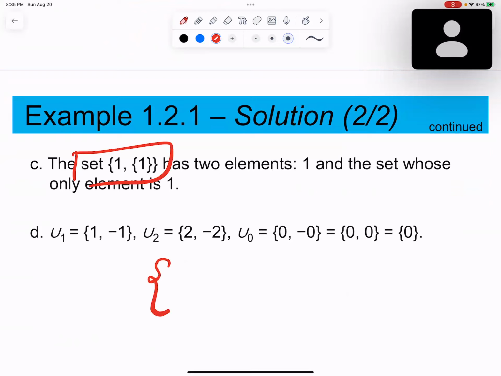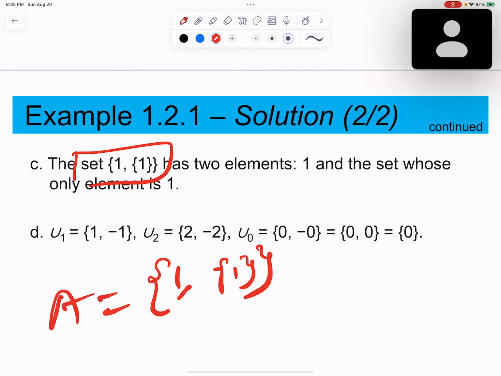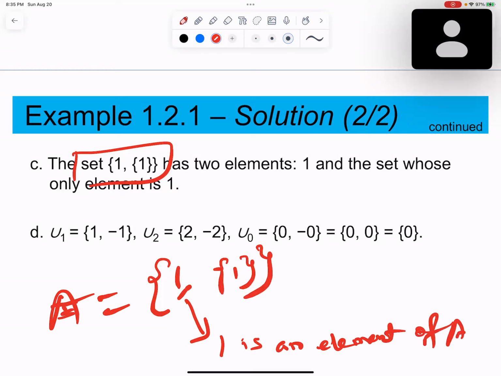It contains the number 1, which is right. Then there is set 1. So if you name this set A, the first member of this set A is just 1. 1 is an element of A. Also, a set can contain another set.